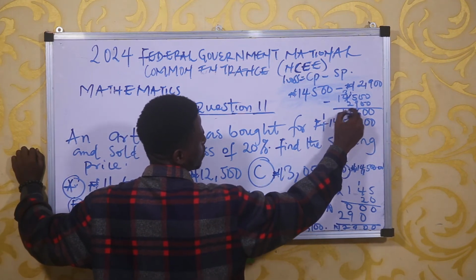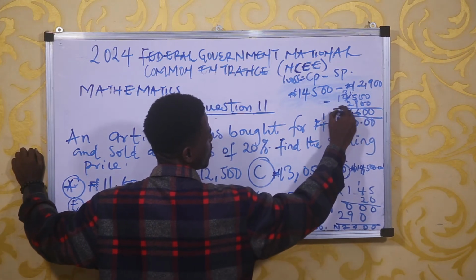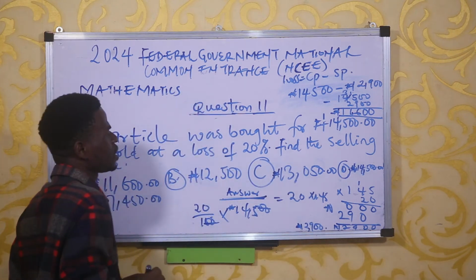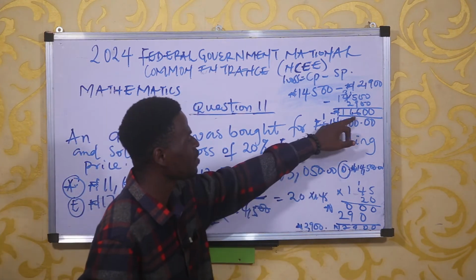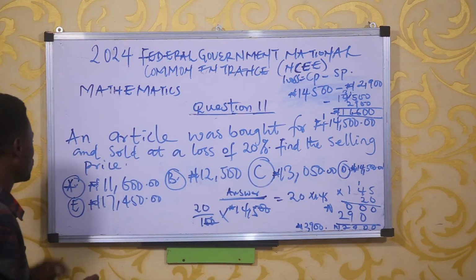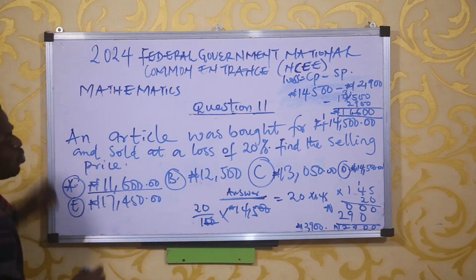So our answer is 11,600. So the person sold at a loss at 11,600. So our answer here is option A, which is 11,600. Thank you.